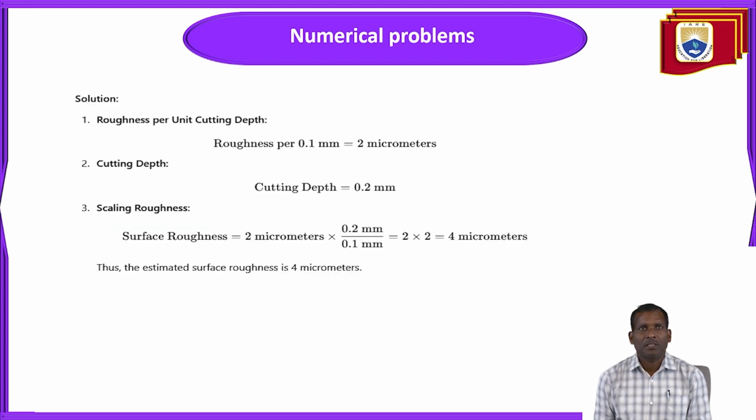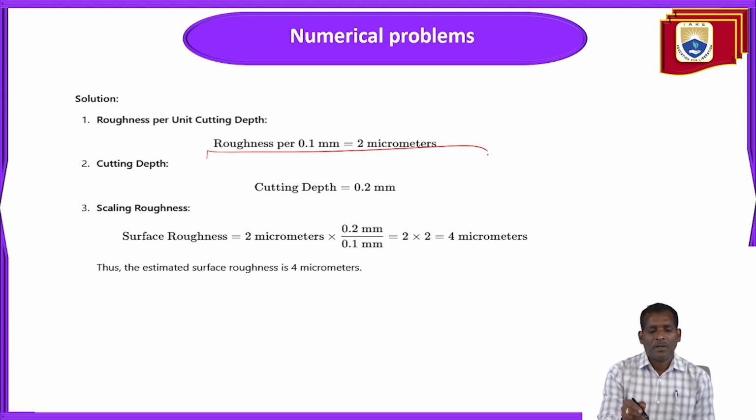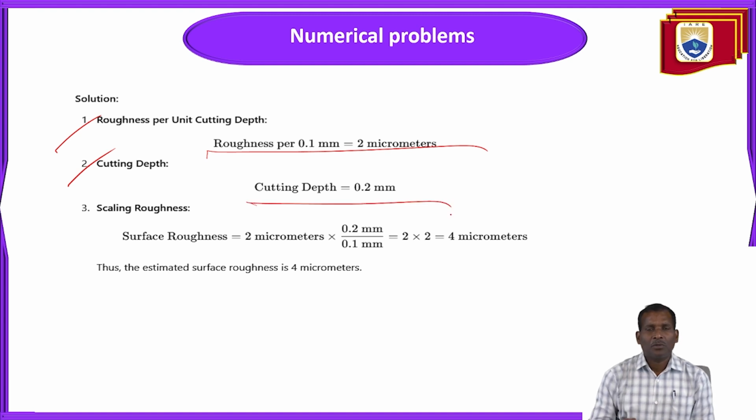The roughness for 0.1 mm is equal to 2 micrometers. The cutting depth is 0.2 mm.